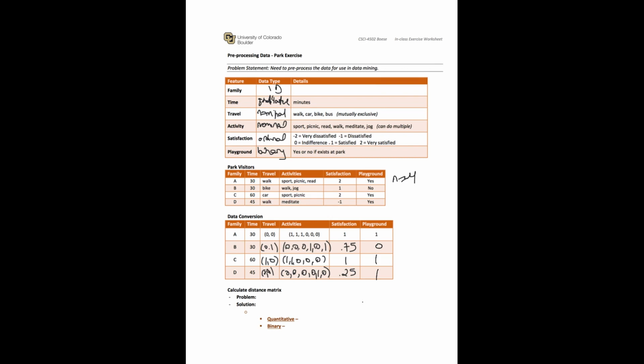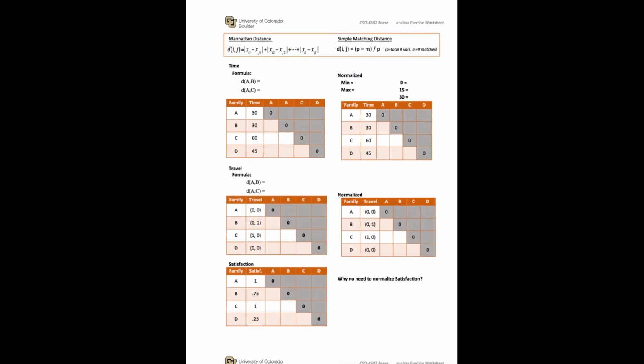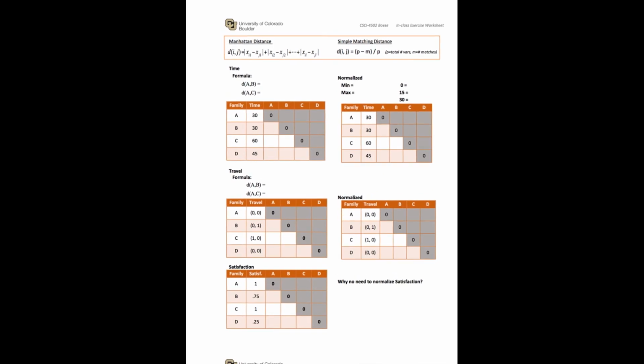And so for quantitative, we can use something like Manhattan distance. And then for binary, we can use a simple matching distance. And then we'll normalize each of them, and then we'll end up with a single distance. And so on this next page, we have the Manhattan distance and the simple matching distance formulas.